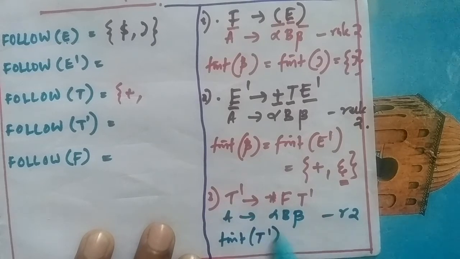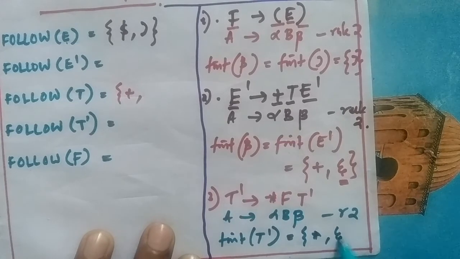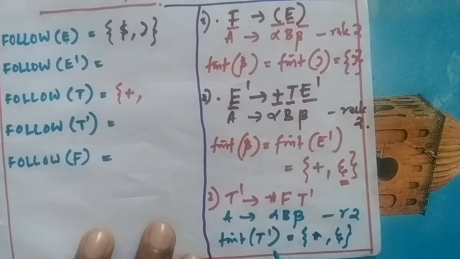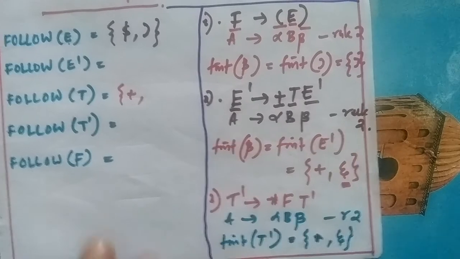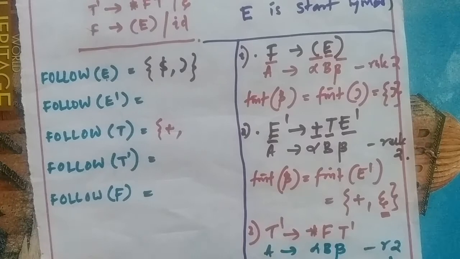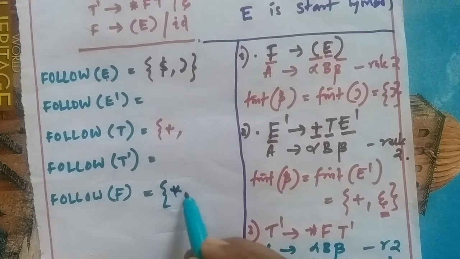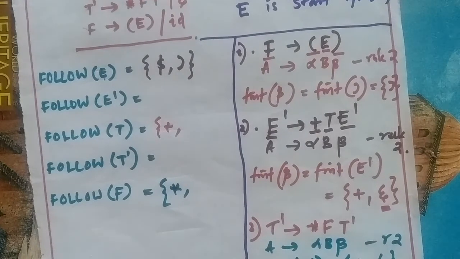First of T dash is star and epsilon. We already computed first of T dash, so first of T dash contains star and epsilon. Then rule 2 says everything in first of T dash except epsilon is in follow of F. So follow of F contains star, no epsilon. Epsilon will not be included.